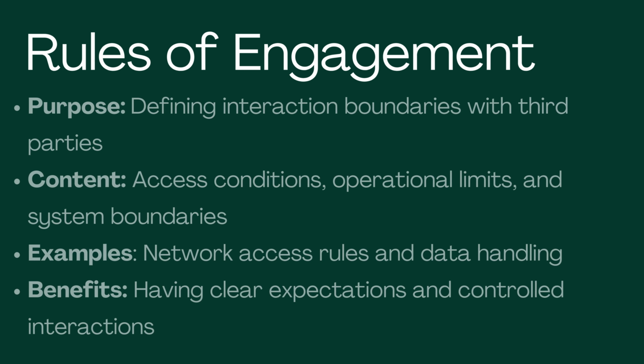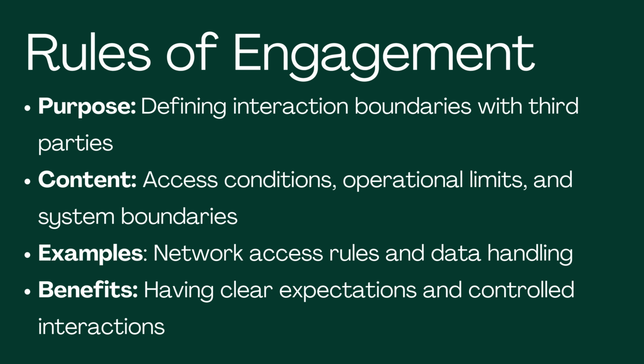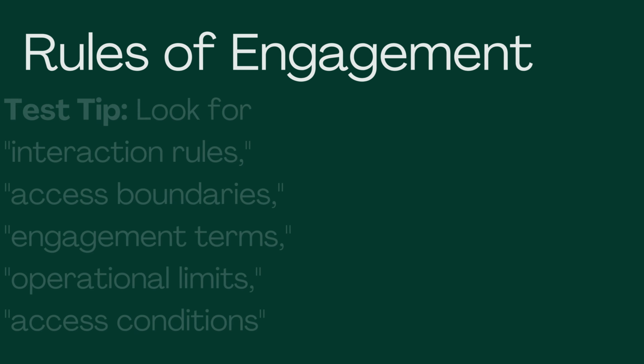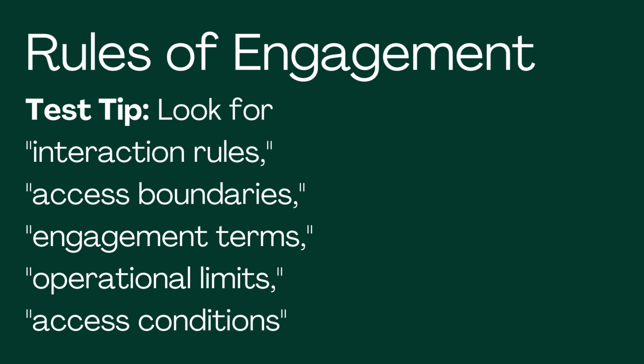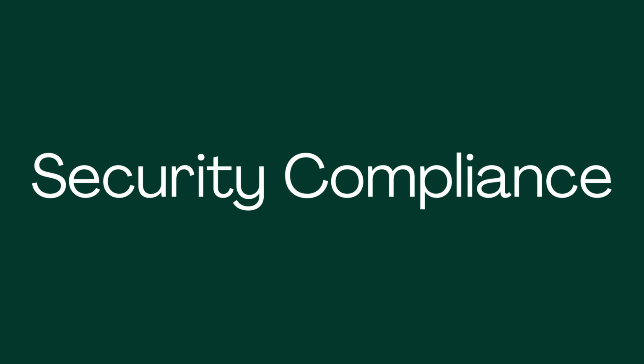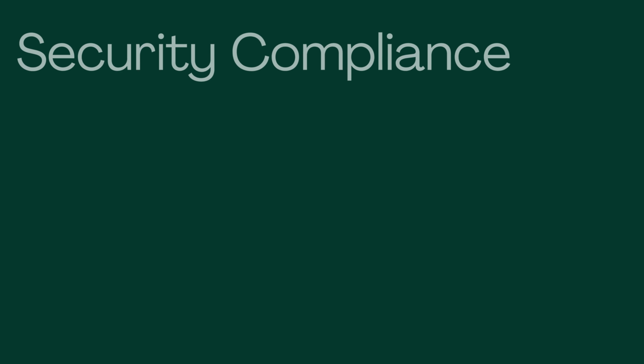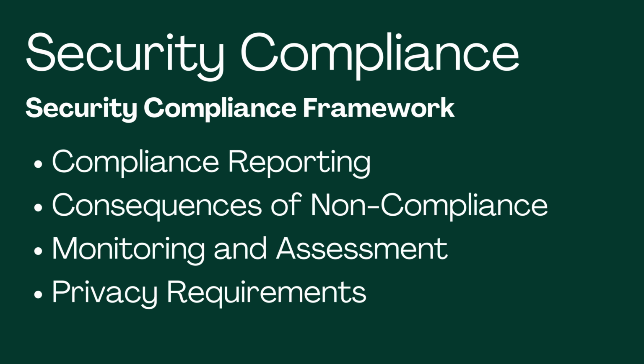And then last in this part is the rules of engagement, which define the terms, conditions, and boundaries for how third parties can interact with organizational systems and data. You might see terms like access boundaries, operational limits, or access conditions. And then 15% of Domain 5 is security compliance, which involves ensuring the organization meets all applicable legal, regulatory, and contractual security requirements.